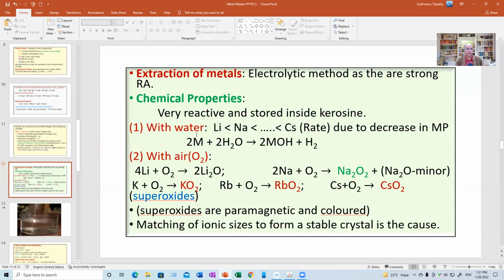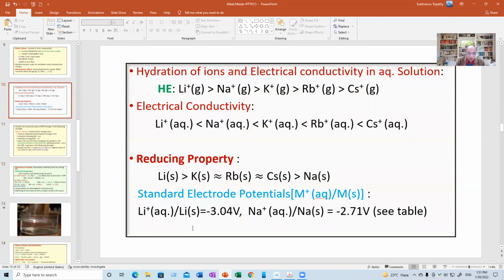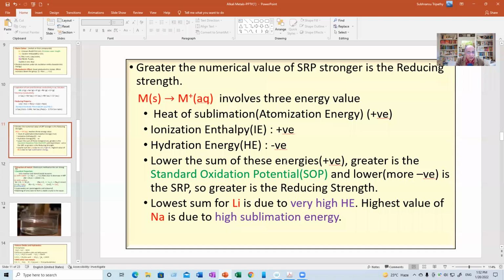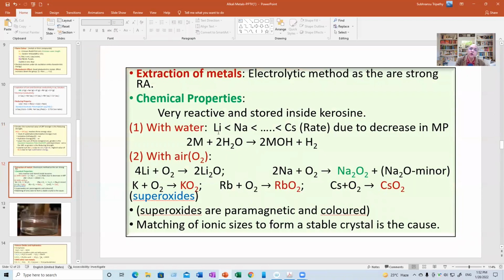You might ask a question. In the previous slide, we were saying that lithium is the best reducing agent. But why, then, is it the slowest actor in reaction with water? What makes lithium react the slowest and cesium the fastest? You can't use the same analogy.